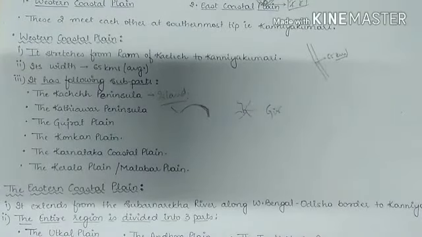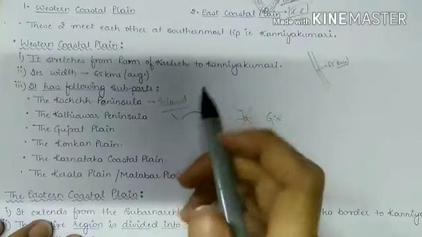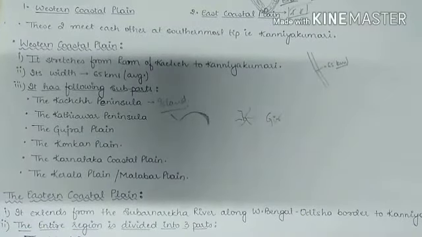Then we have Gujarat Plain. Gujarat Plain lies in the east of Kutch and Kathiawar, and the slope is towards the west and southwest. Okay, now it is almost described as an intrusion of Indo-Gangetic conditions into the peninsular region. Okay, so here we have the same conditions as the Indo-Gangetic region.